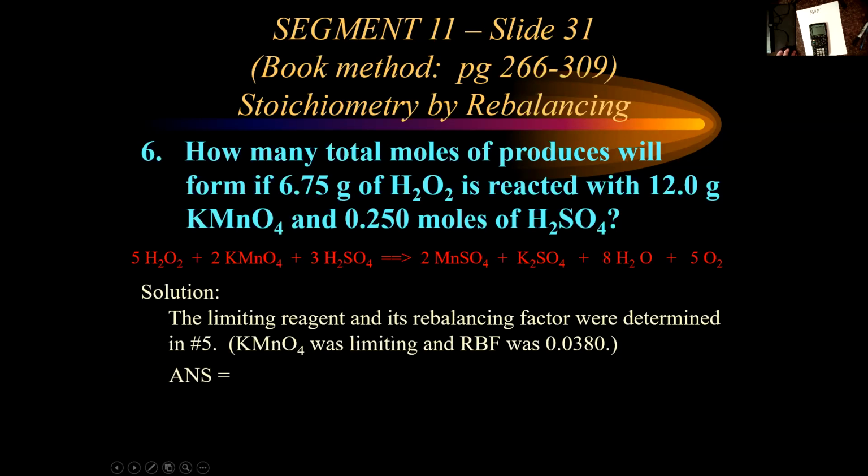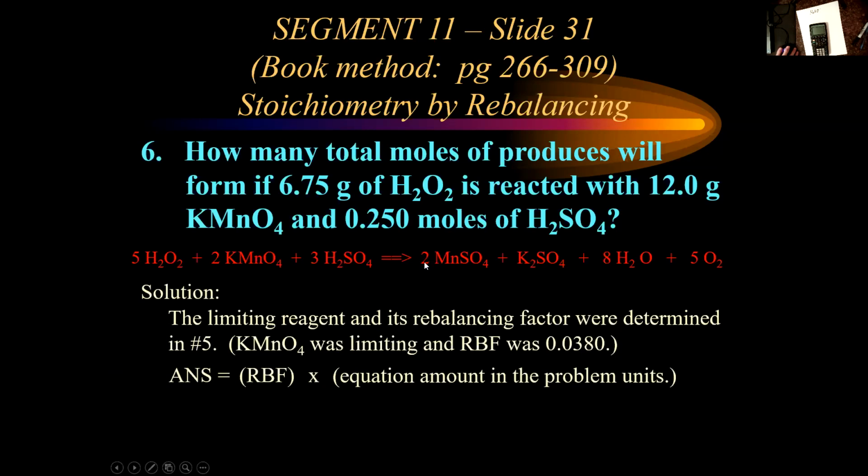And you'd be here next week. All right. With the limiting reagent, we determined from the previous problem that the rebalancing factor was 0.0380. So what am I going to do? I'm just going to multiply by the equation amount in the problem unit. What is the problem unit?